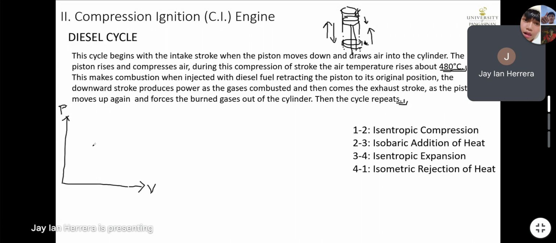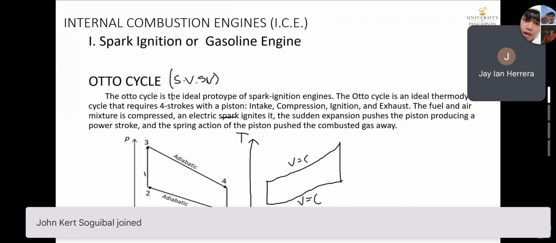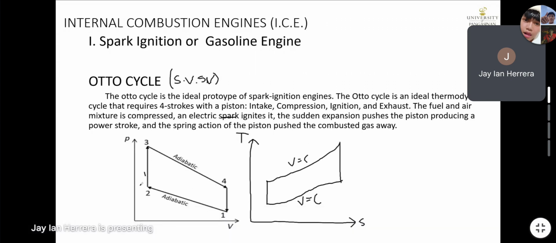Okay, so PV natin, since this cycle is... Kumbaga, di ba, Carnot natin is SPST, and then our Otto cycle is SVSV, or two isentropic and two isometric or constant volume.